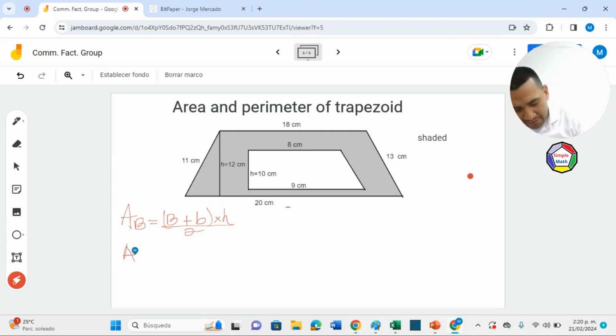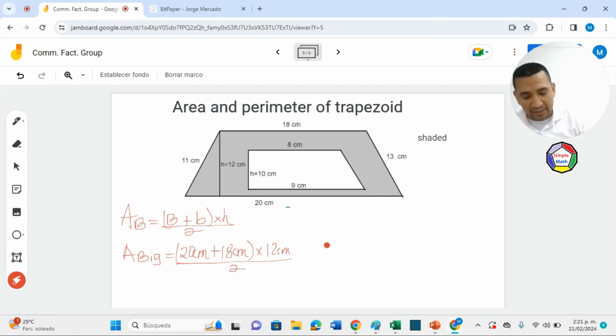So the area of the big trapezoid is the big base, which is 20 centimeters, plus the small base, in this case 18 centimeters, times the height, which is 12 centimeters. And the answer divided by 2.